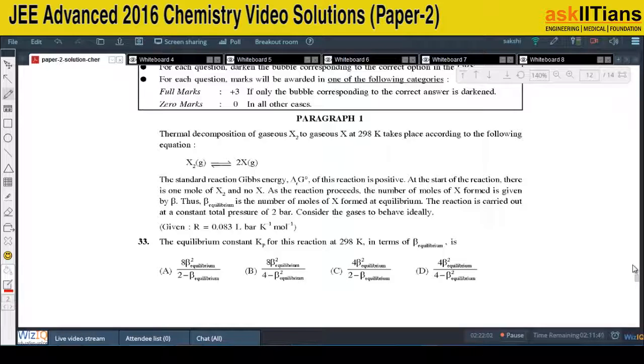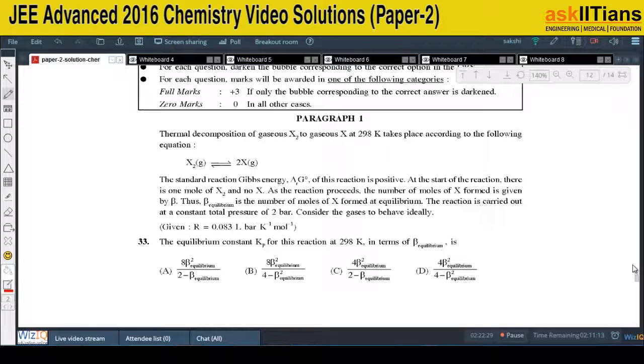Now let us first of all read paragraph 1. It says that the thermal decomposition of gaseous X2 to gaseous X at 298 Kelvin takes place according to the following equation. X2 in the gaseous state is going to form 2X in the gaseous state. The standard reaction Gibbs energy, delta G naught of the reaction, for this reaction has been given to us as positive.